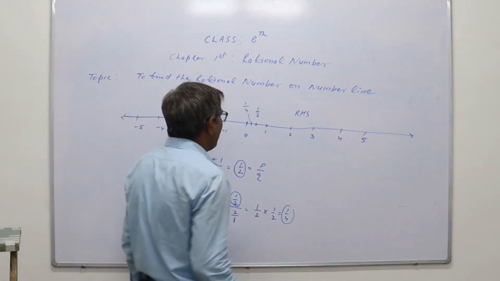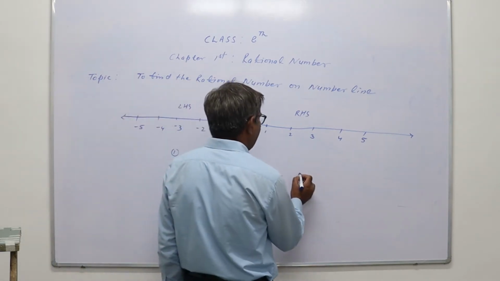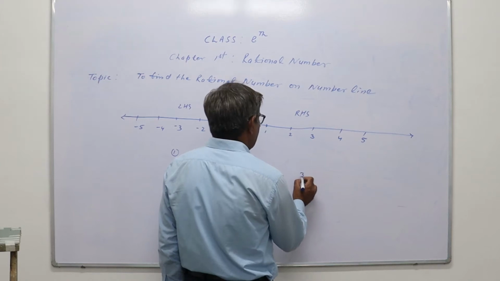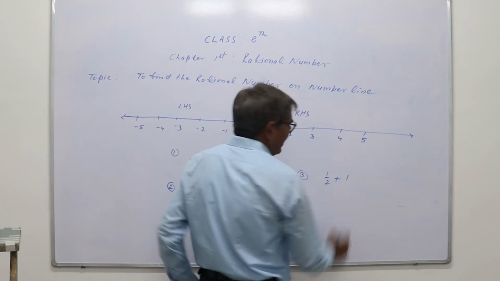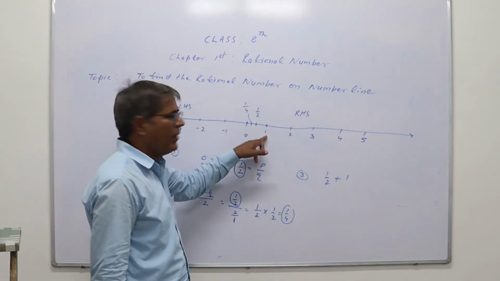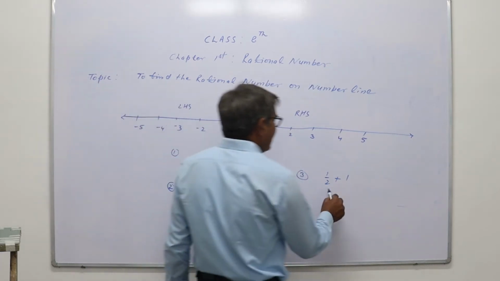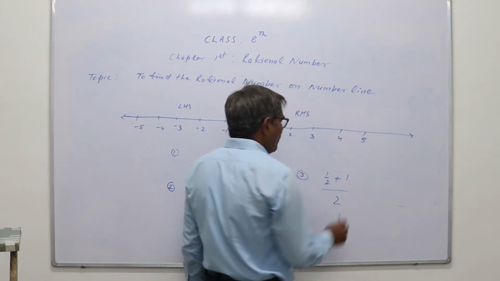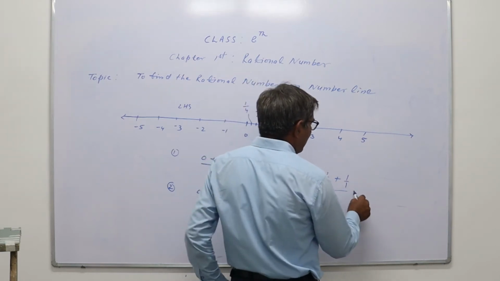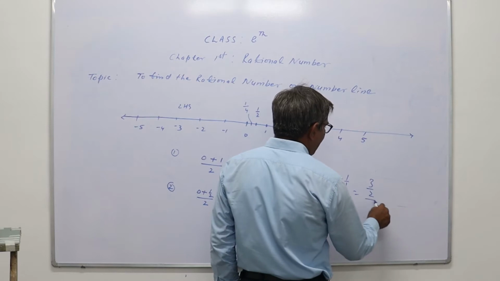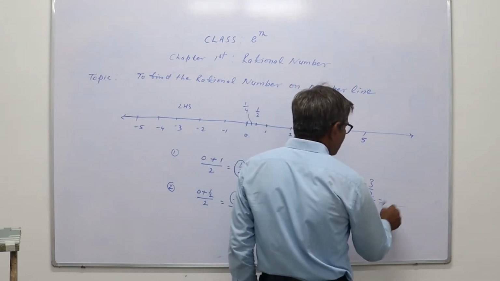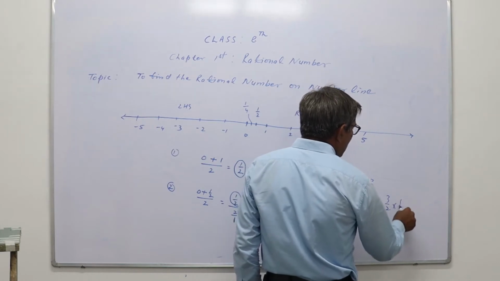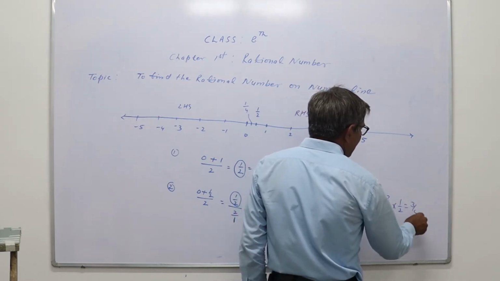Similarly, if we have to find one more rational number between 1 by 2 and 1, then what will we do? We will add 1 by 2 and 1 and divide by 2. So 1 by 2 plus 1 equals 3 by 2, upon 2. We can write 2 as 2 by 1. Now this 3 by 2 into 1 by 2 will be 3 by 4.